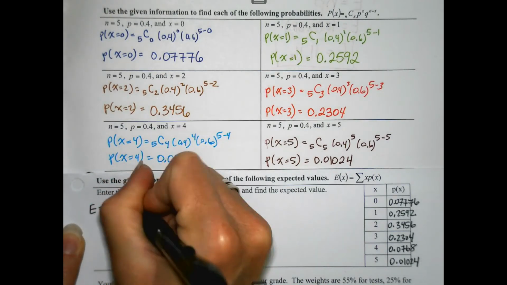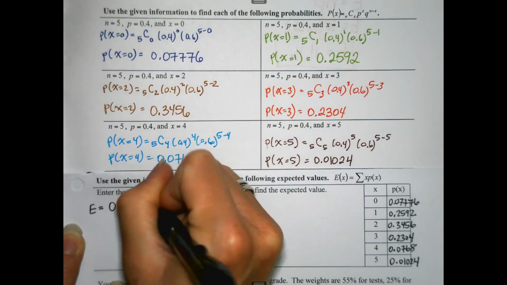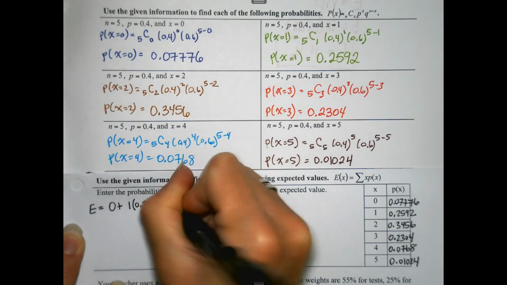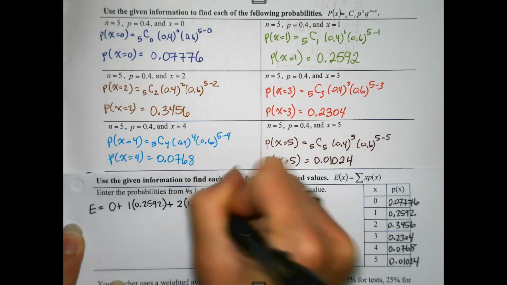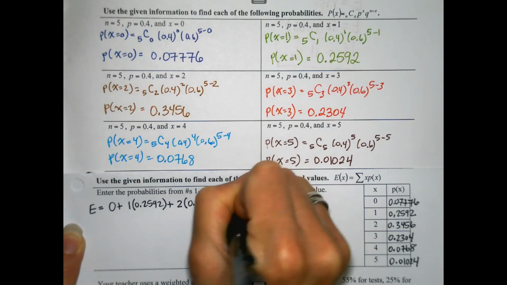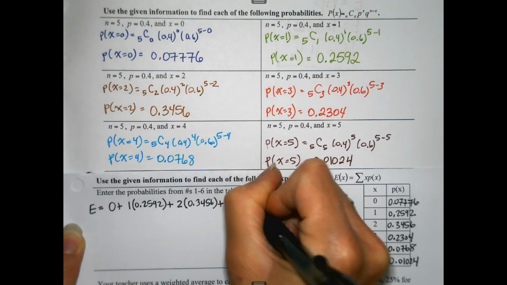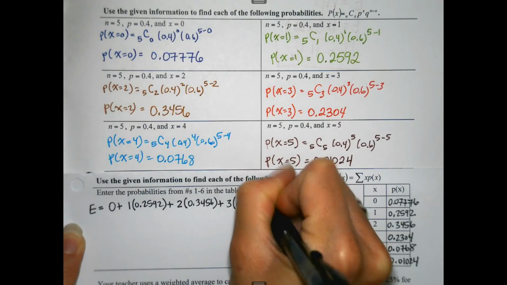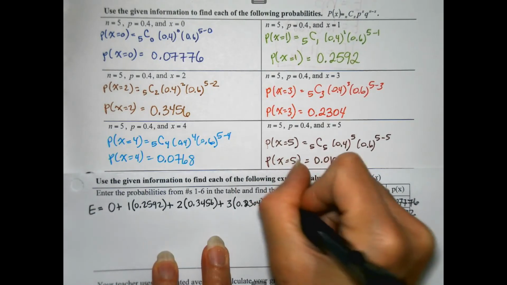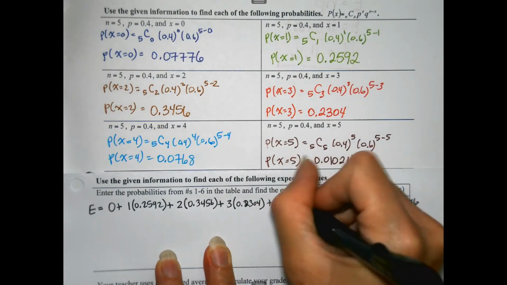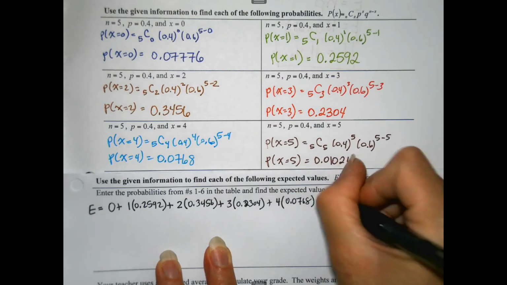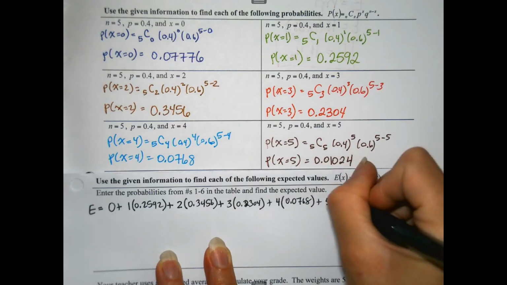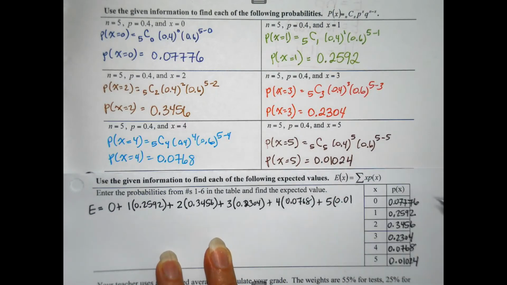And then 1 times 0.2592 plus 2 times 0.3456, 3 times 0.2304, 4 times 0.0768, and 5 times 0.01024.